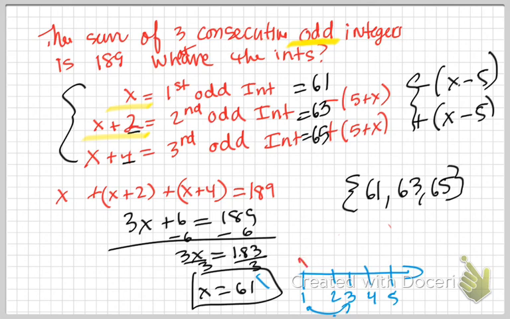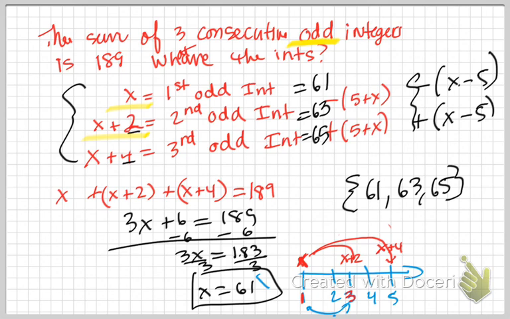Because if this is my odd, my first one, to get from 1 to 3, how many do I have to add? 2. So to get to the next odd number, we have to add x plus 2. To get to the next odd number, what do I have to add? x plus 4 from the original x. Do you understand? And same thing for the evens.